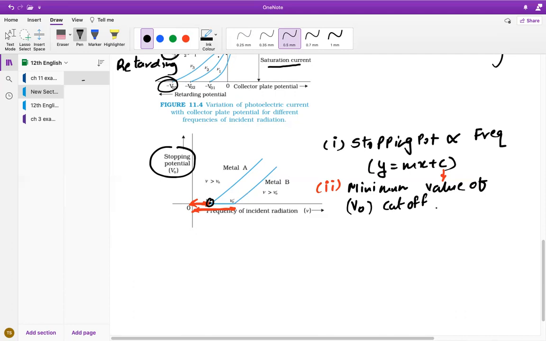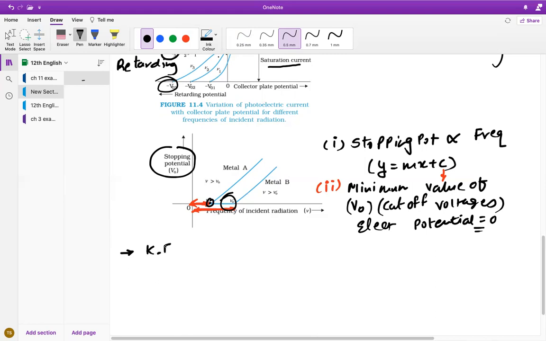So at this cutoff voltage my electric potential will be 0. Where is the cutoff voltage in this graph? This v0 is called the cutoff, right. And if I give it in voltages, how much do I get? 0. Okay, so from this I have found two more conclusions.